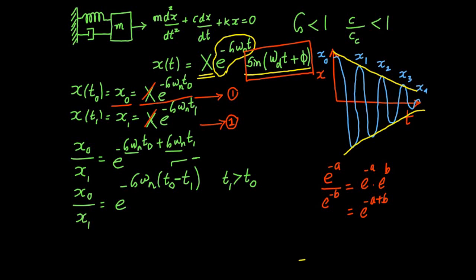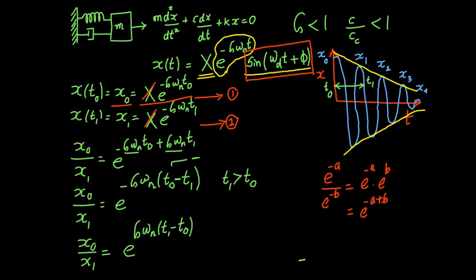So by pulling the negative sign outside, I can rewrite this equation as x0 over x1 is equal to e raised to the power zeta into omega n into t1 minus t naught. And please tell me, what is t1 minus t naught? It is the time duration between the cycles. It is the time required for one complete cycle. That is what t1 minus t naught actually is.